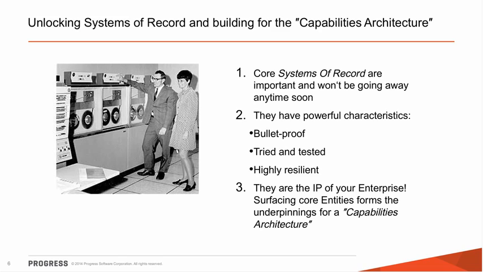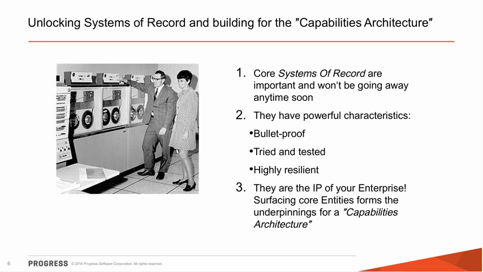And although these systems have a set of powerful characteristics, for example, they're bulletproof, they're tried and tested, and they're highly resilient to failures, they can often be cumbersome, brittle, and difficult to evolve. And also, they're well-running systems, which we don't want to compromise. So a key requirement for modernization is to surface these existing assets, currently housed in systems of record, and make them available to mobile apps.